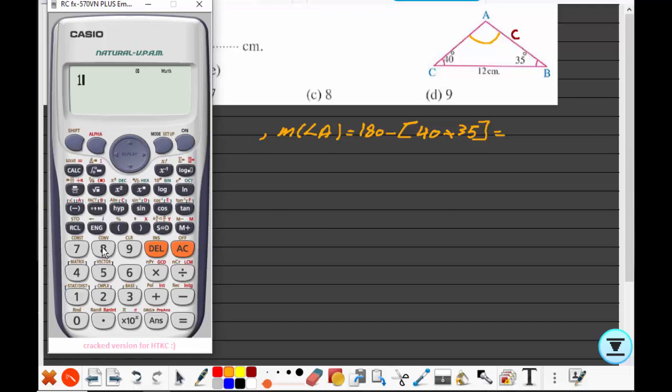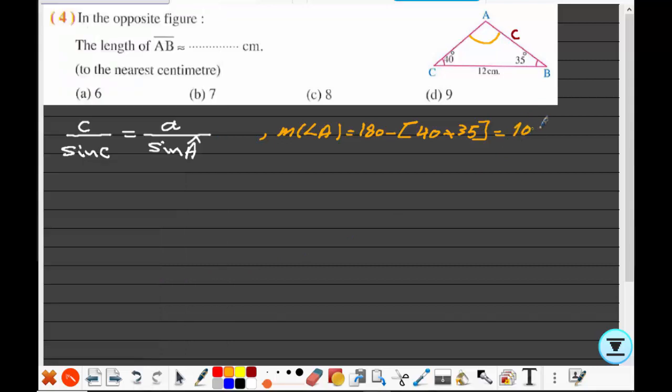We have 180 minus 40 plus 35, so the result equals 105 degrees. So we complete the solution.